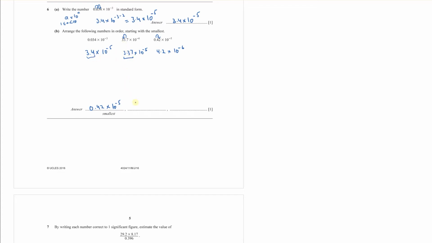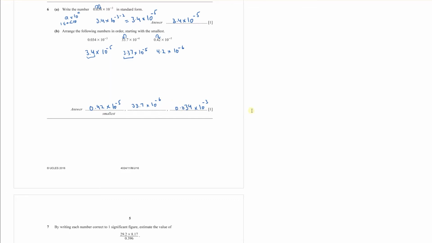So this becomes the second. 33.7 into 10 power minus 6. And since this is the largest, it's given as 0.034 into 10 power minus 3. So this is how you would arrange them from the smallest till the largest number.